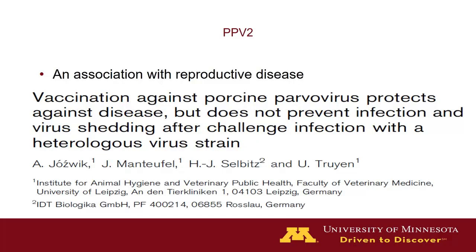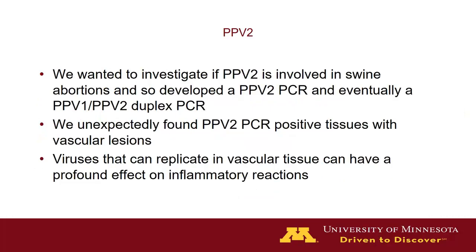In this particular study, they vaccinated pigs with parvovirus 1 and challenged them with parvovirus 2. It protected against abortion, but it did not protect against infection and virus shedding. And so, again, our early interest was looking at parvovirus as a cause of abortions, mummifications, pregnancy loss.